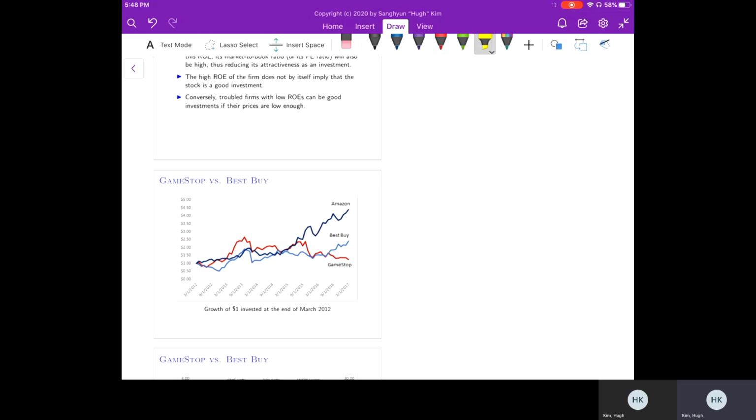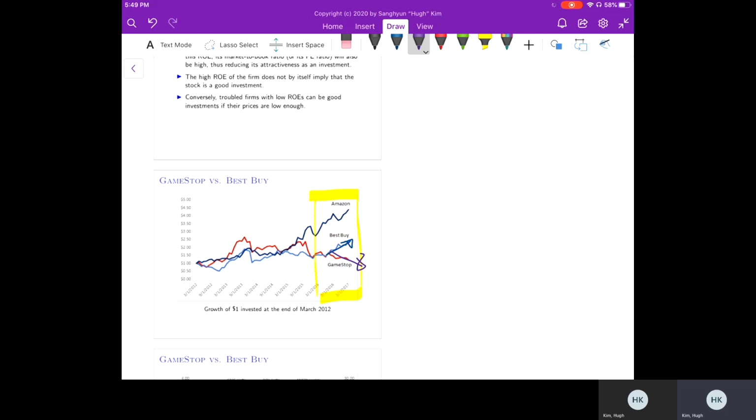Let's focus on the past 12 months here, where during this time things are improving for Best Buy, or deteriorating for GameStop. And investors recognize this, and push up the stock price for Best Buy and depress prices of GameStop shares.